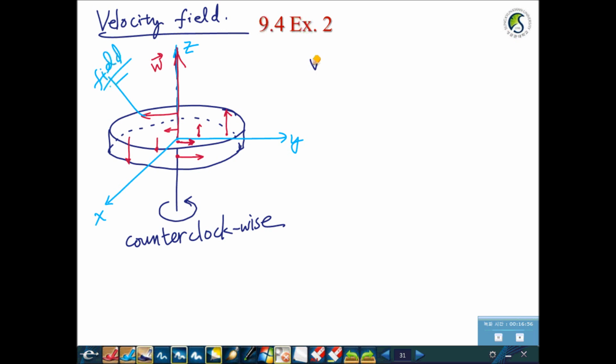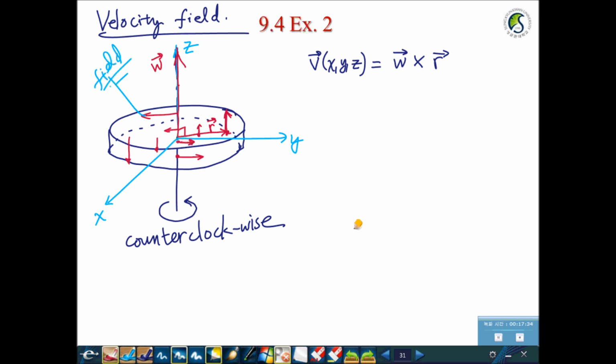From physics, we know that the translational velocity is different at different positions. So that's omega cross R, where R is the position vector to that point. That's the velocity. If you do that, the direction is tangential.